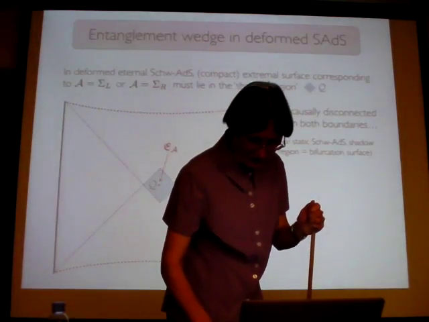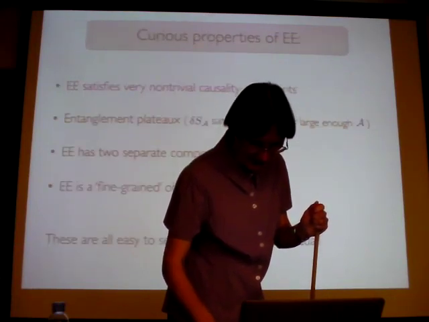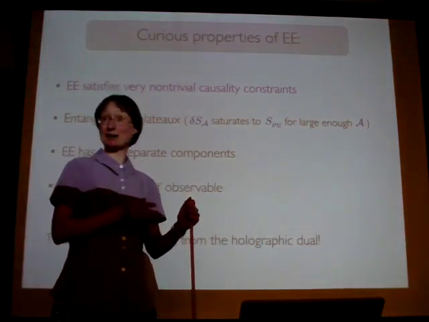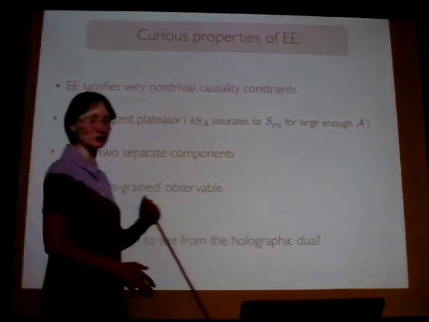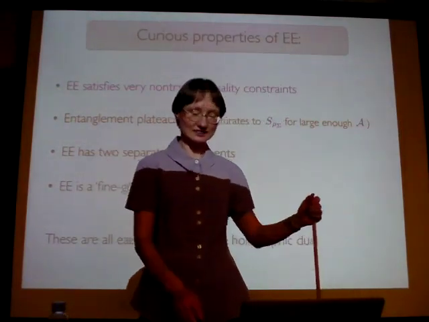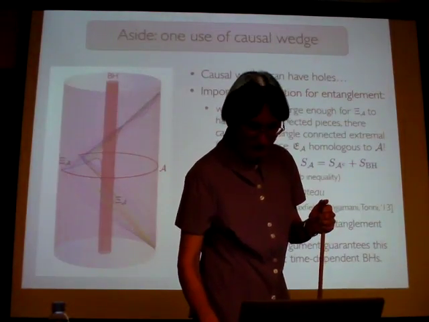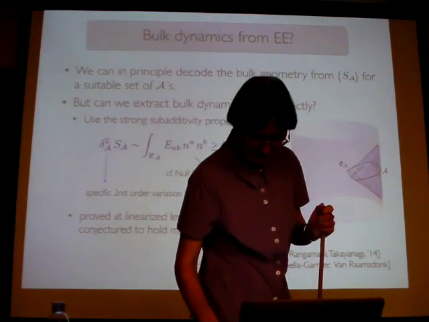All right, so let me skip on this. We learn various curious properties of the entanglement entropy through studying their holographic dual. Many of these non-trivial properties are very easy to see using the holographic dual. There are also interesting uses of the causal wedge that I won't tell you about.